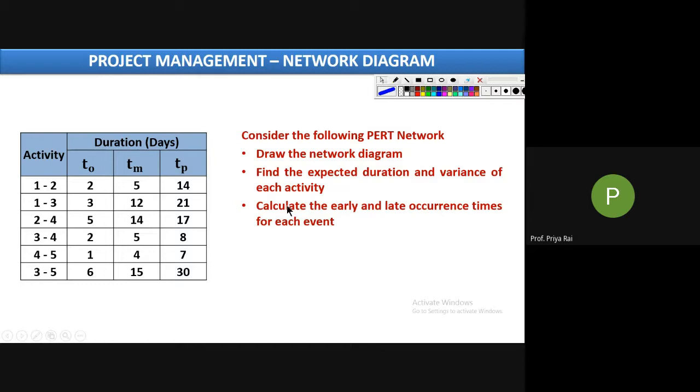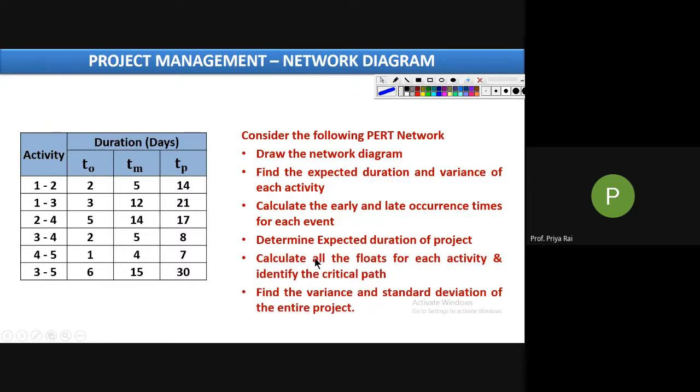Next, calculate the earliest start time and latest completion time for each event, that is E1, E2 and L1, L2, like that. Then determine the expected duration of the project, that means your project duration. Finally, calculate all the floats: free float, independent float, and total float. Calculate all the floats for each activity and identify the critical path.